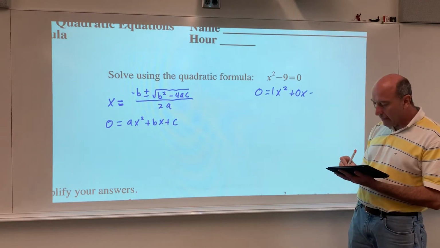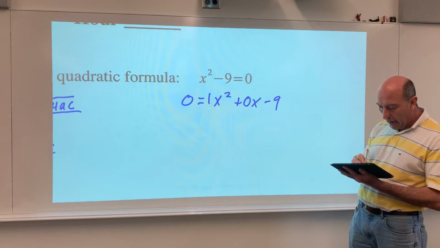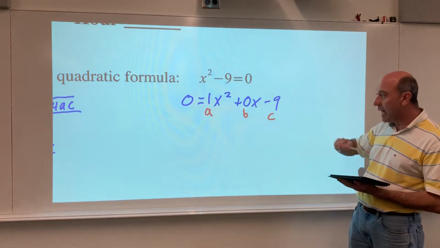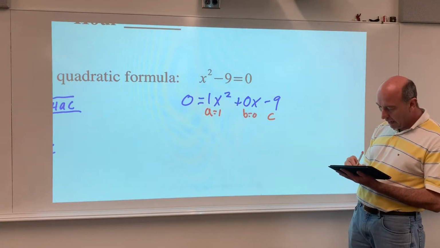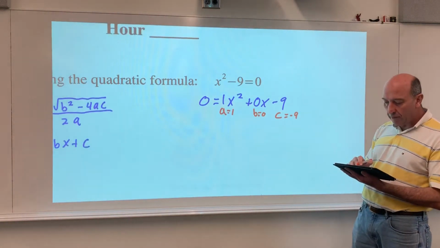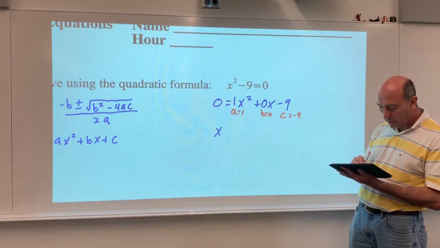That will be the minus 9. So now, clearly, a is 1, b is 0, and c is negative 9. So now all we have to do is plug that into our formula and we'll have it.